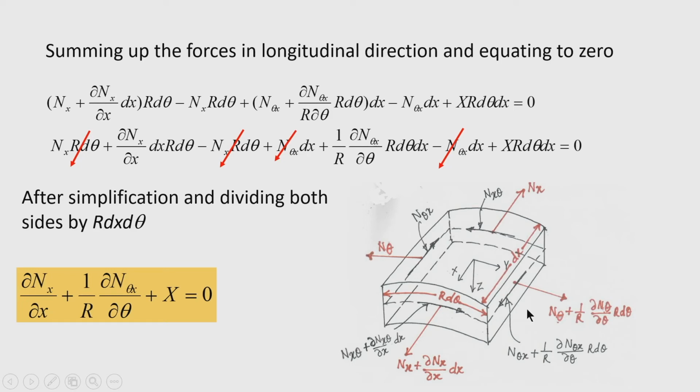Okay. Then also find out other forces in the x direction. Other forces in the x directions are, you can see here n theta x and its increment on the other edges.